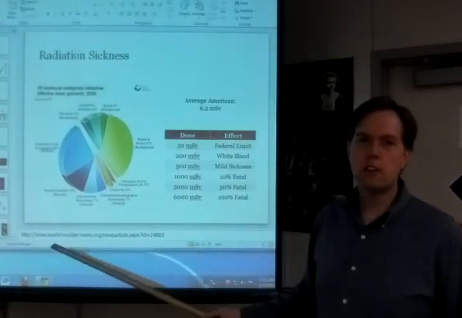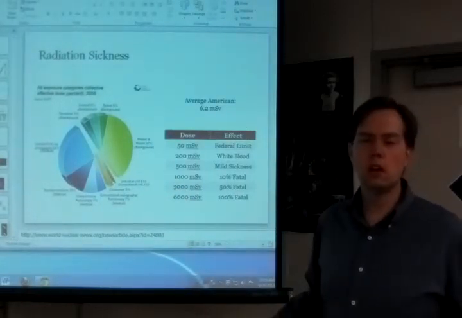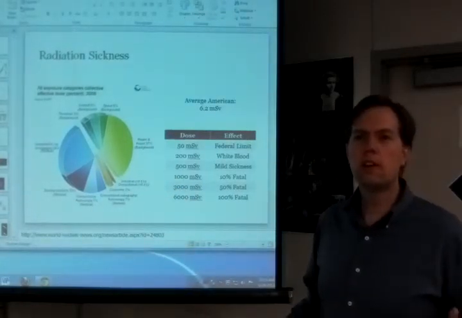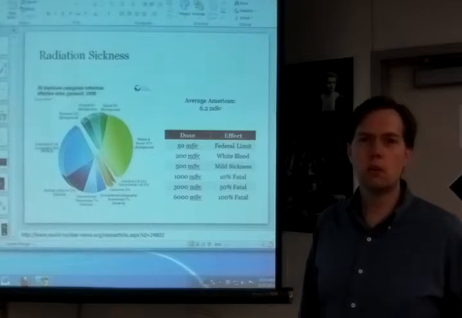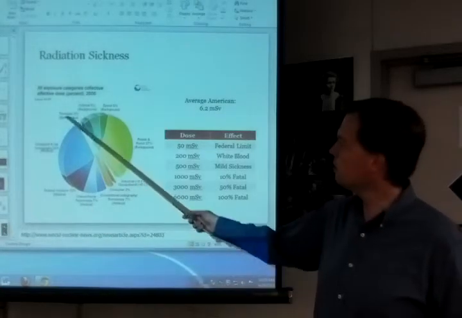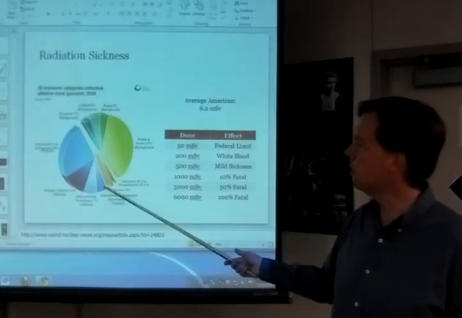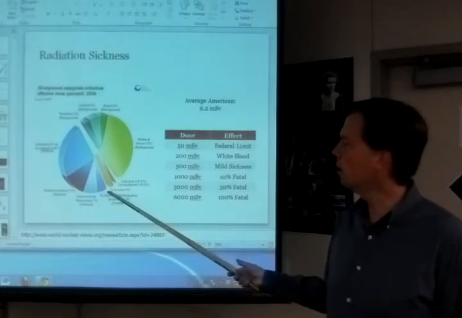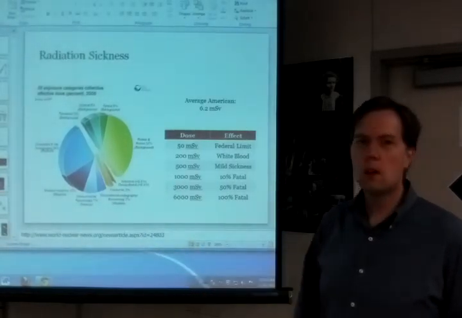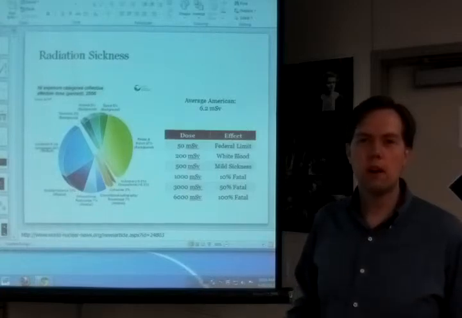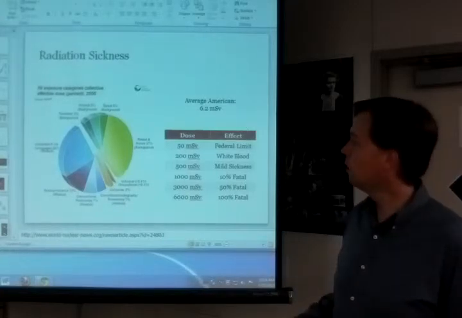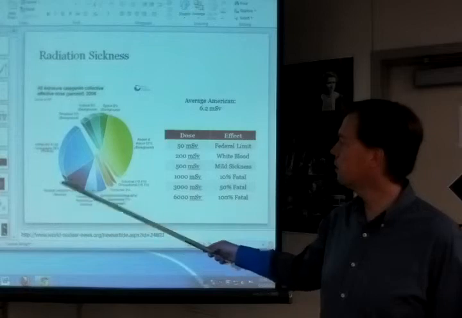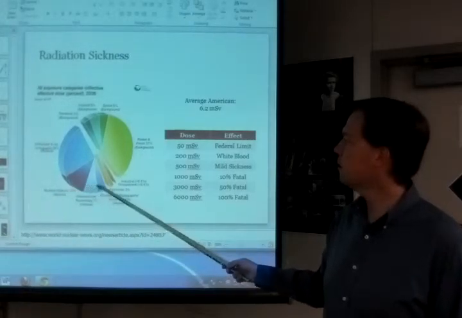This pie chart actually shows a distribution of the different sources of radiation that we're typically exposed to. And it's interesting, the pie chart splits right down the middle. These blue areas all represent medical sources. So, you've got x-rays, nuclear medicine, fluoroscopy, different things like that.